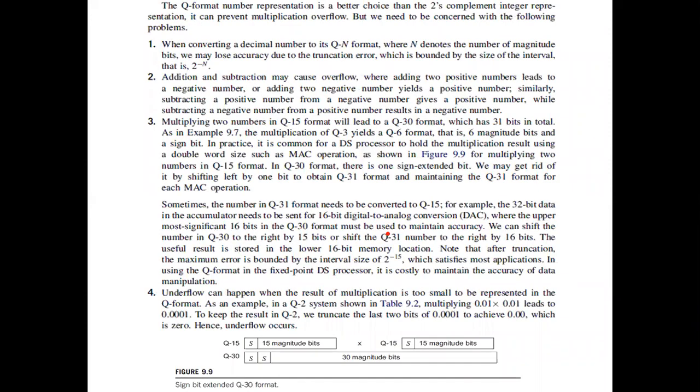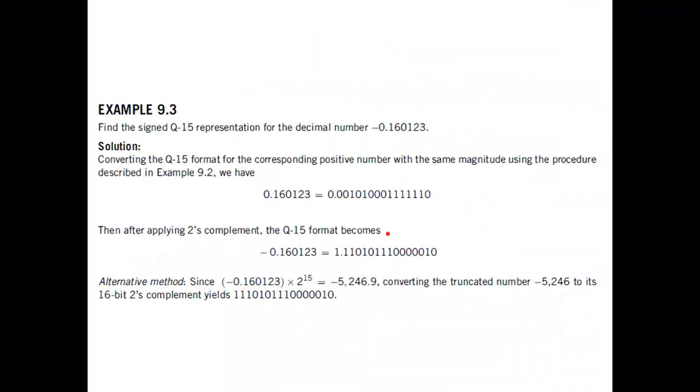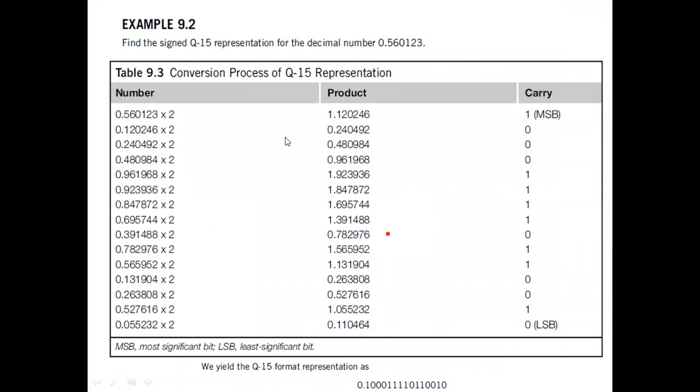But what is the problem typically with the Q notation? The problem with Q notation is that the range is limited. As I said, we can represent from -1 to +1, not exactly +1, and there can be certain errors. How much error, by the way? You can see in this particular number, what was it? It's 0.560123, whatever we took. We ended up making a certain error here.